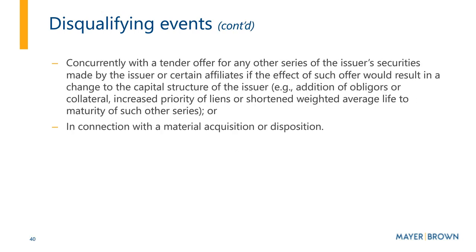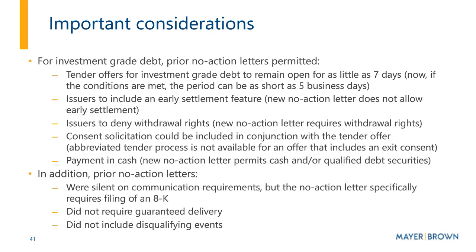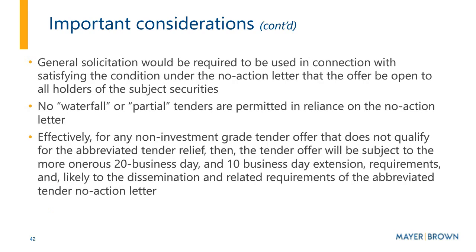So it's important to consider the disqualifying events, and likewise important to consider whether this type of relief provides the flexibility that you as an issuer might need in this context, or whether it makes sense to revert to the guidance, the historic guidance that is a little bit more flexible, at least in allowing for consent solicitations.